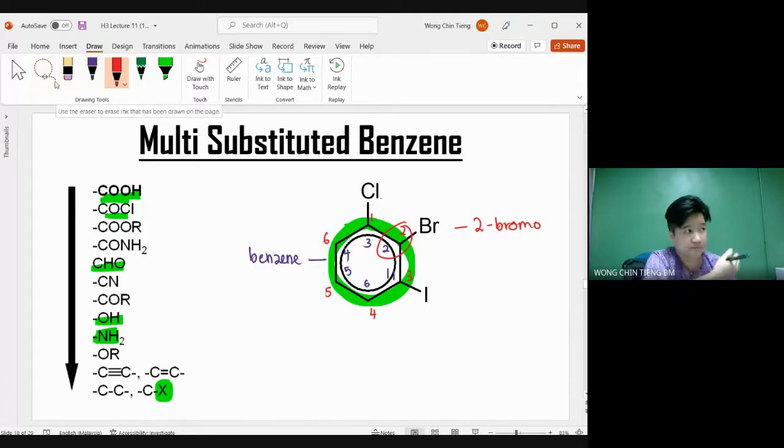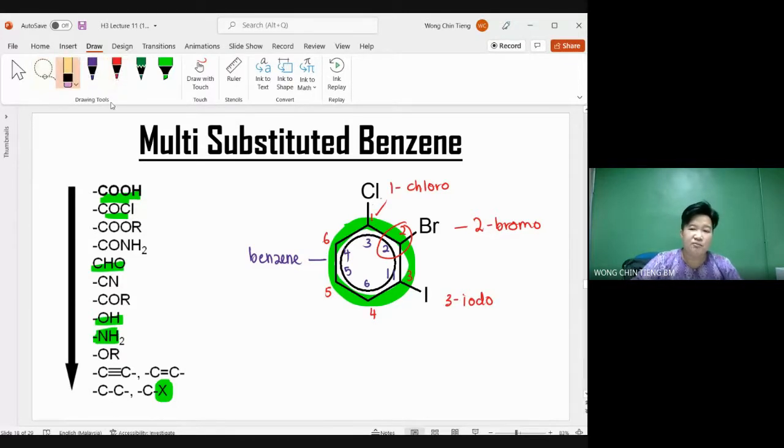Anybody? Oh. Alright, the same story. Kloro adalah C. Iodo adalah I. So obviously, kloro kita bagi nombor 1 lah. 1-kloro. Iodo kita bagi 3. Okay. Walaupun semua ni sama, kita boleh buat macam ni sebab nombor yang diorang akan dapat sama tau. Semua orang akan dapat 1, 2, 3. Pusing macam mana pun 1, 2, 3.